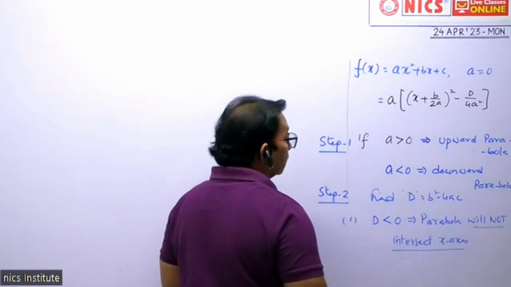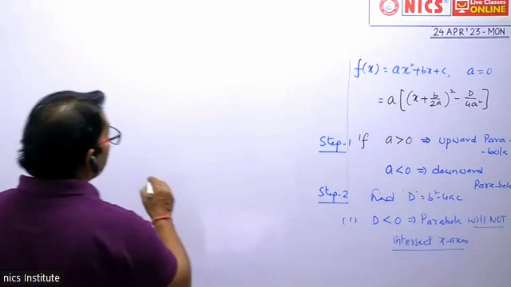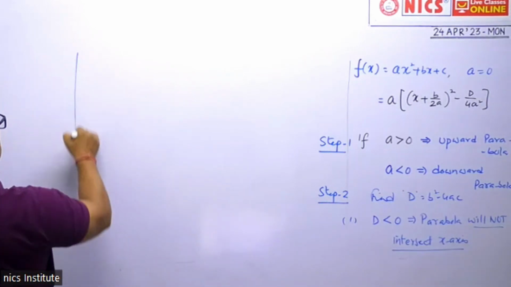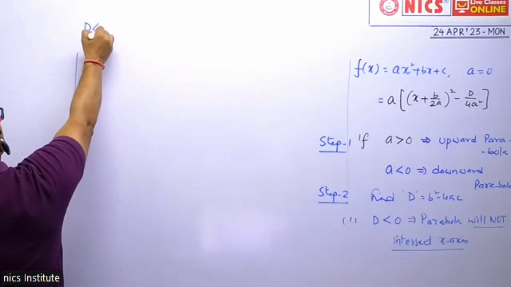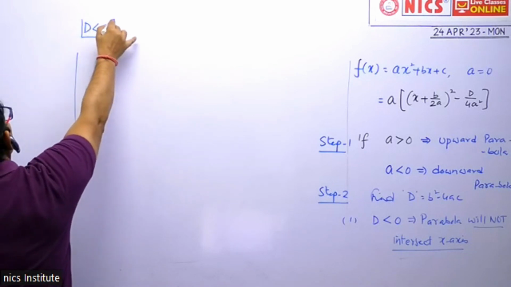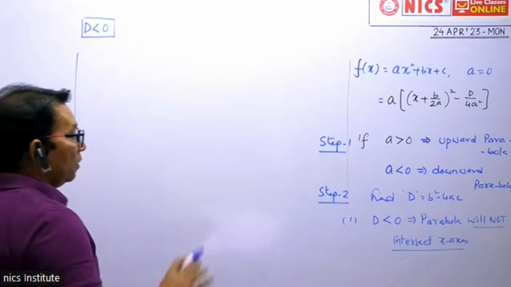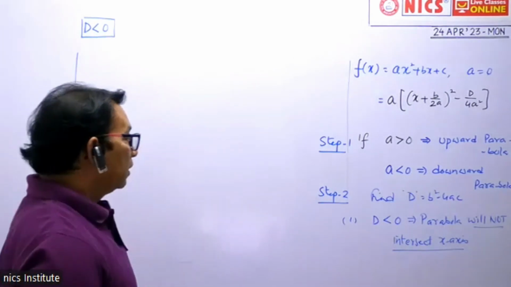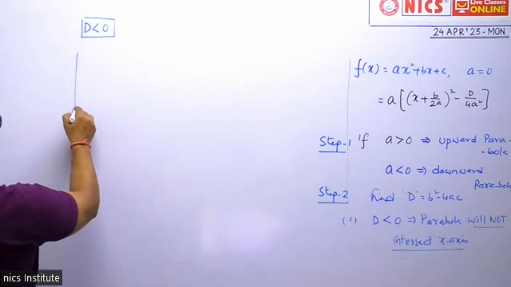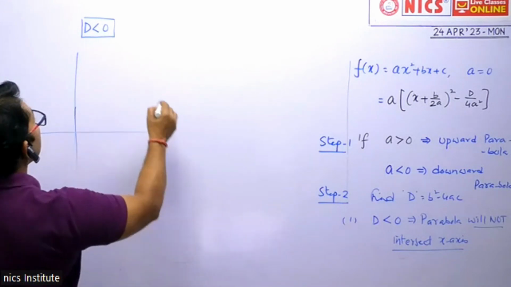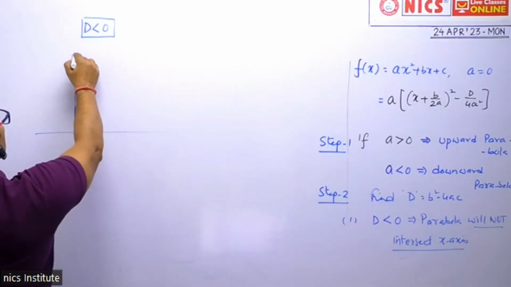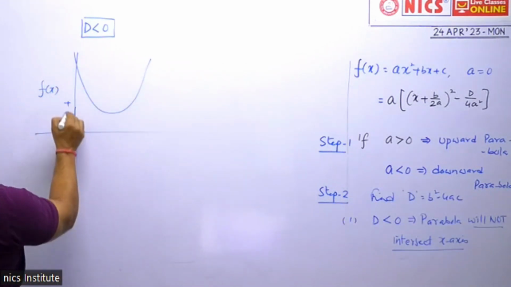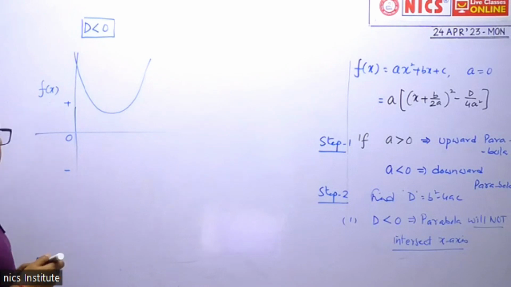Right? So if I plot the graph in this case, suppose D is less than 0, we know for sure that the parabola will not intersect or touch the x-axis. This is f of x, positive, 0, negative.